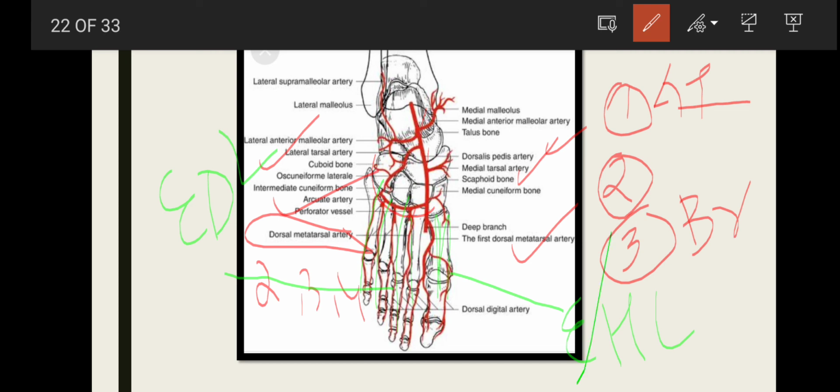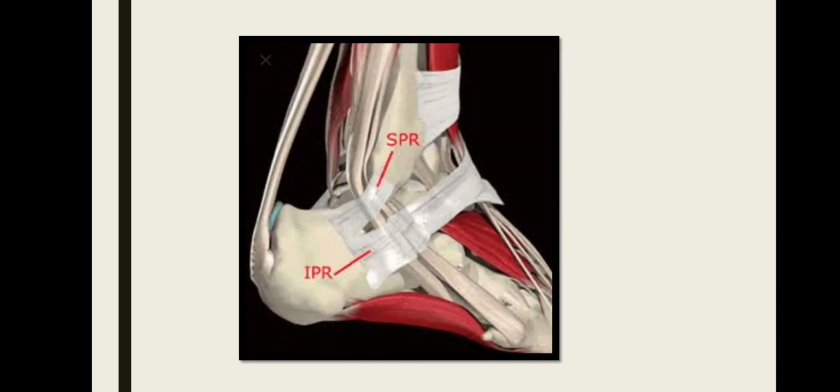Superficially come the skin, fascias, then the retinacula. And the deep structures are the bones. The retinacula are also present.